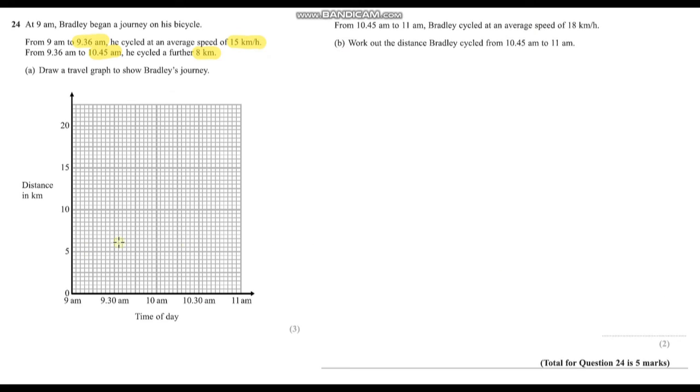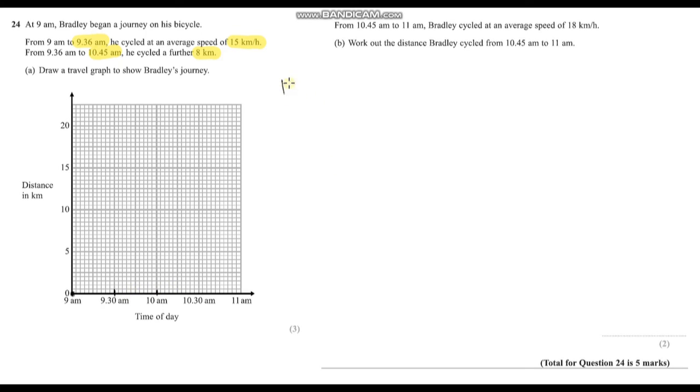So we're starting at 9 a.m. We're starting down here, and obviously he hasn't travelled anywhere, so we'll start in the bottom left-hand corner of our grid. Now we're going to 9:36 a.m. So let's look at our diagram. Now this is 9:30 and this is 10. So this is 30 minutes. Now I can see we've got 10 squares representing 30 minutes.